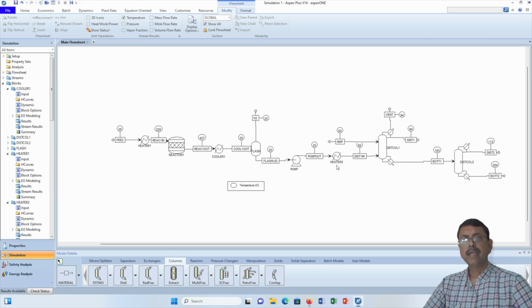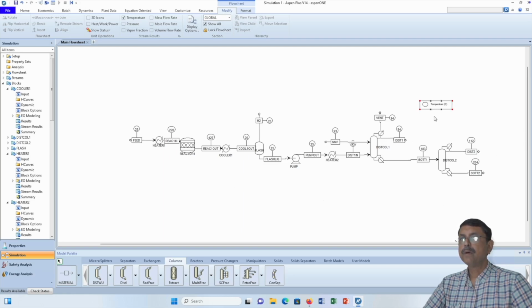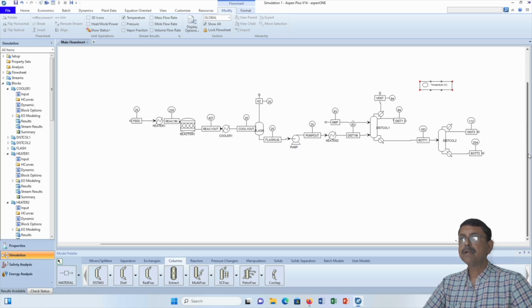So the heat duty is not much. But here the heat duty is quite high, because it goes from 25 degrees to 427 degrees centigrade, and then again back to 25 degrees centigrade. So the change is quite high over here. Anyway, now let us go to the next portion of our work, that is the combustion.